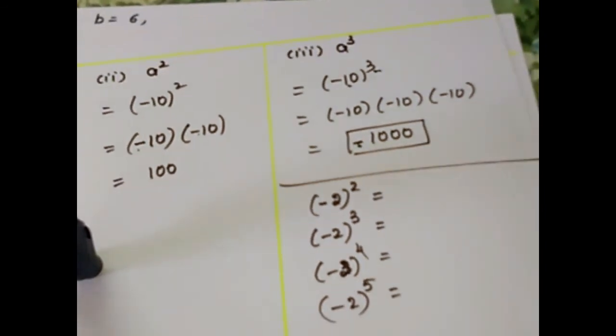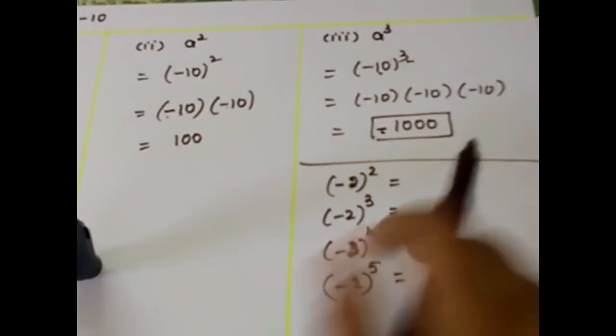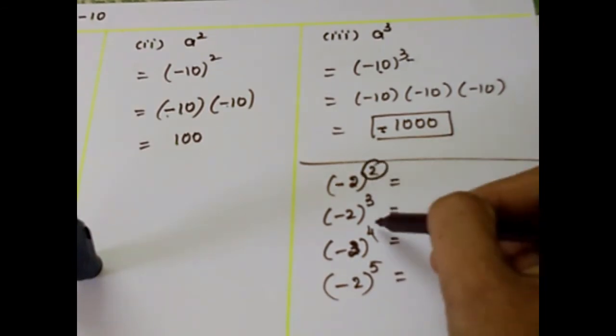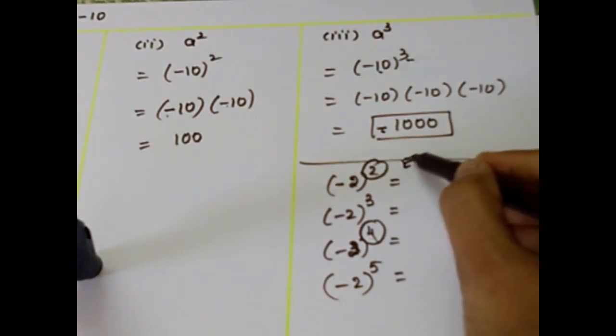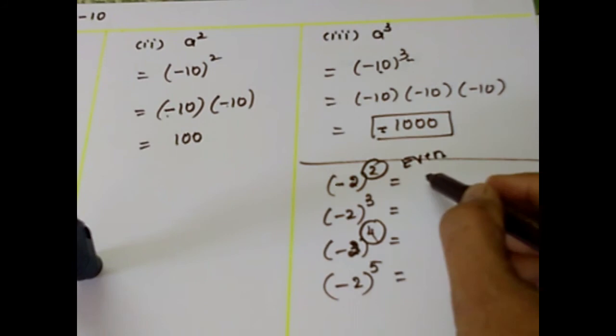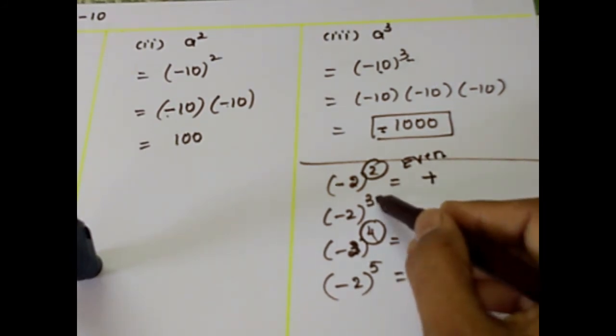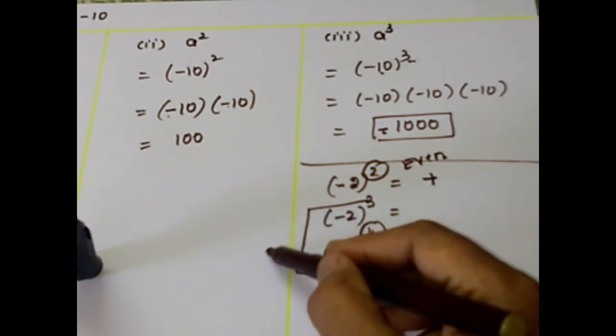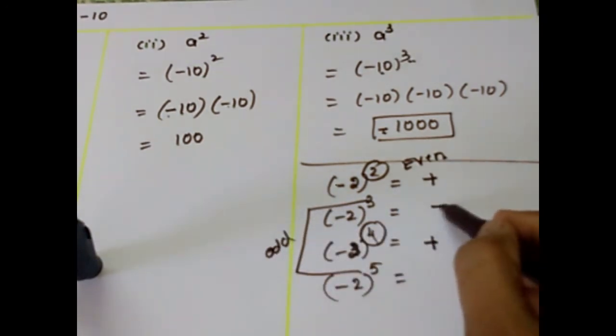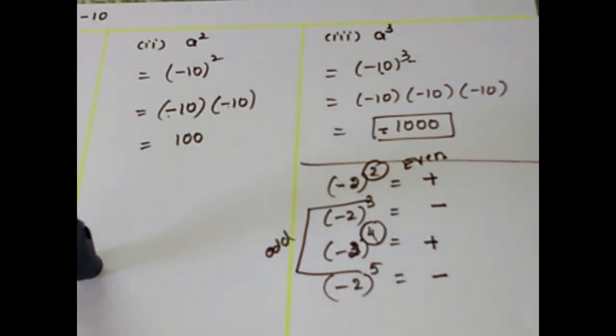For the negative number, here 2 and 4 are even numbers, so the solution will have the plus sign. But 3 and 5 are odd numbers, so the solution will have the minus sign.